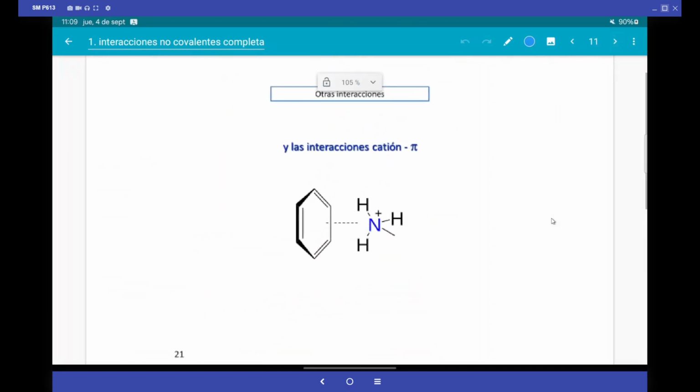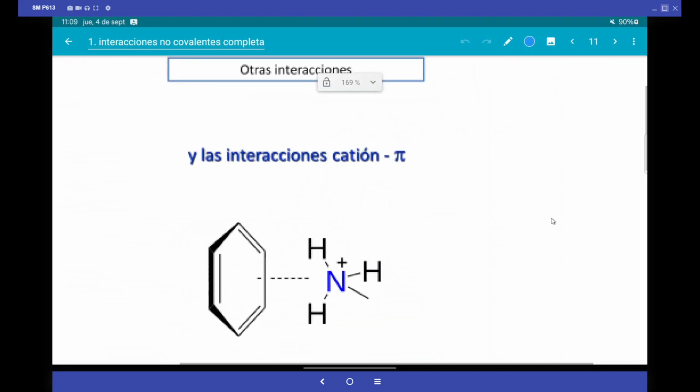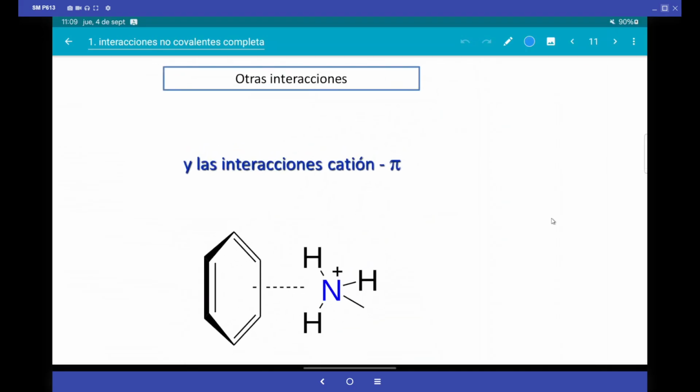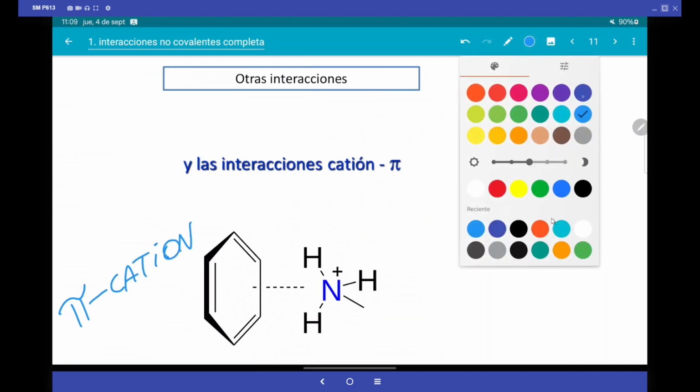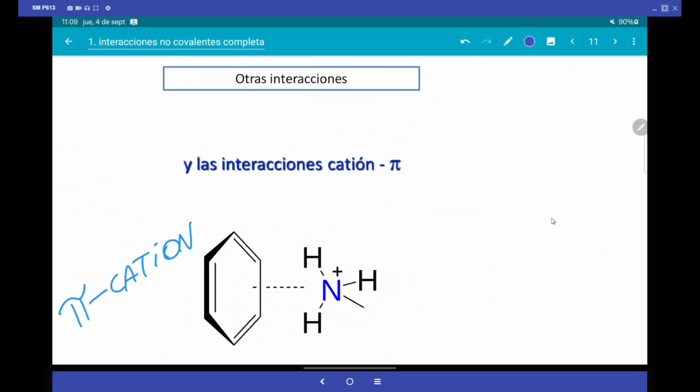Well, it says here other interactions, and the cation-pi type interaction is mentioned here. So this one that we are seeing here is the cation-pi interaction. For example, an aromatic residue. Let's imagine that this is part of the protein.